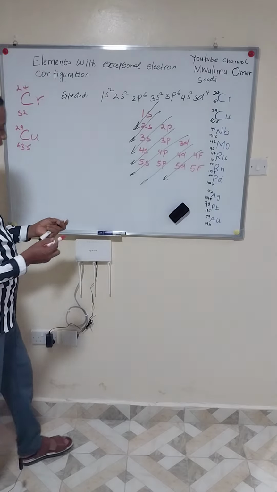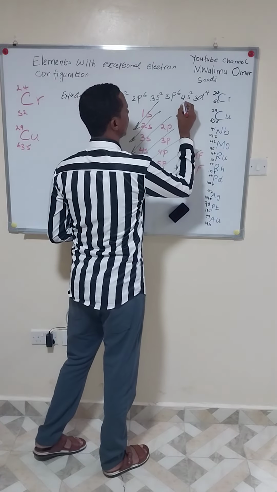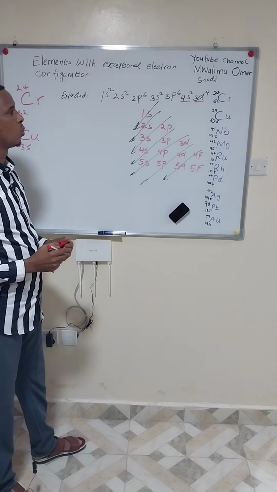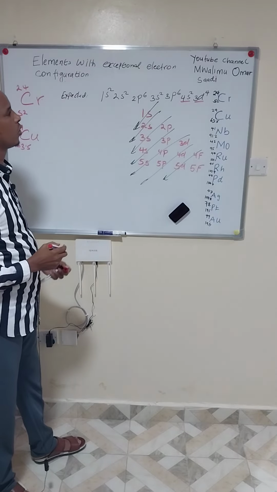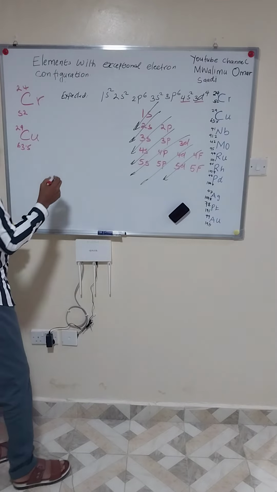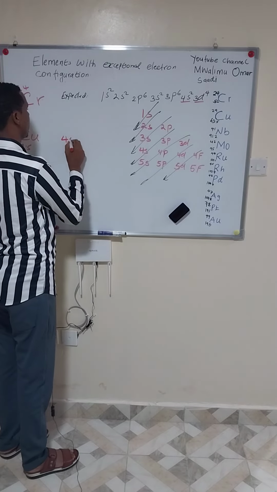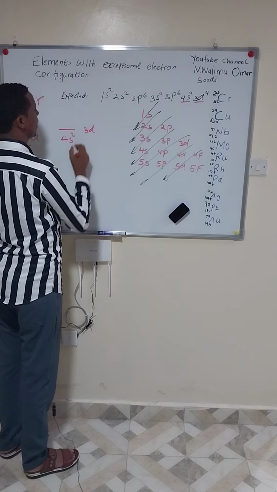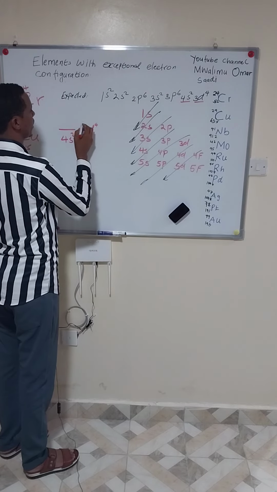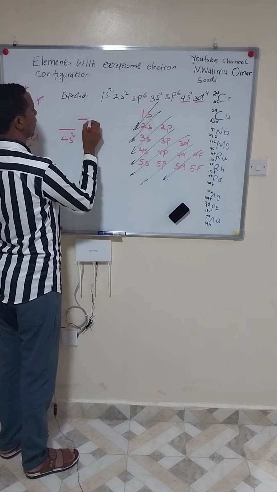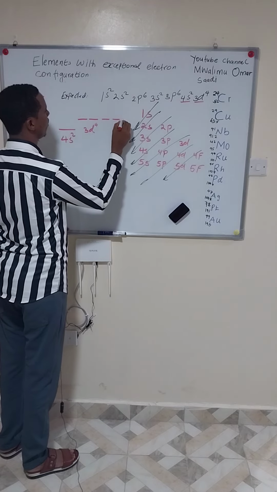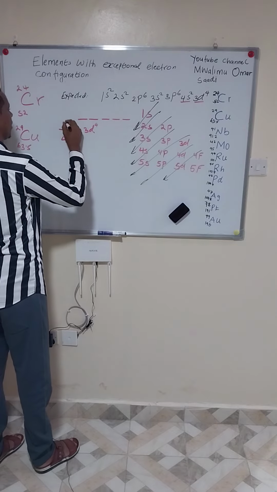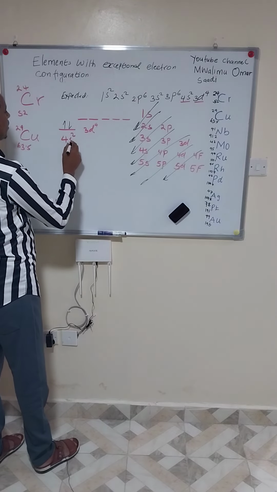So let us draw or fill the electron orbitals of 4s2 and 3d4, the last two shells. So we have 4s2, and then we have 3d4. So d has 5 subshells: 1, 2, 3, 4, 5. So let us fill 2 electrons there.